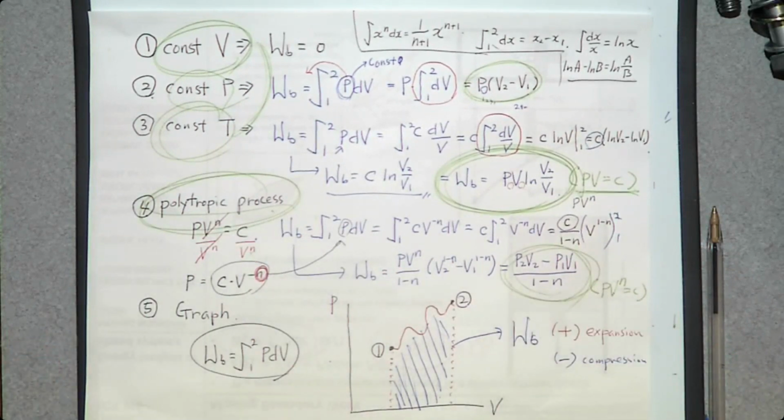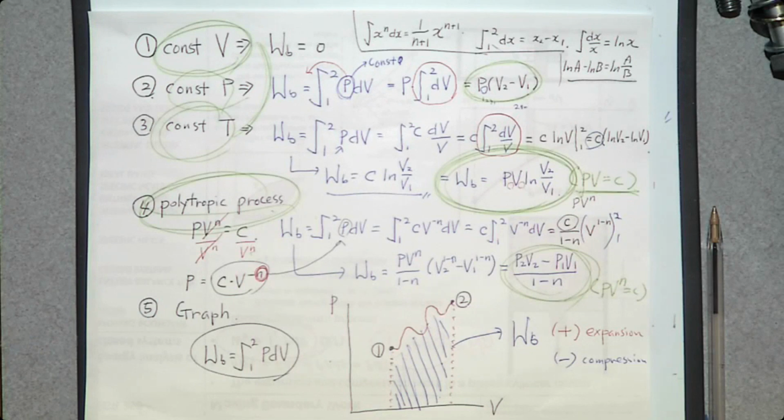If you can't determine moving boundary work among these 4 ways, then the final solution is to use a graph, the PV diagram.